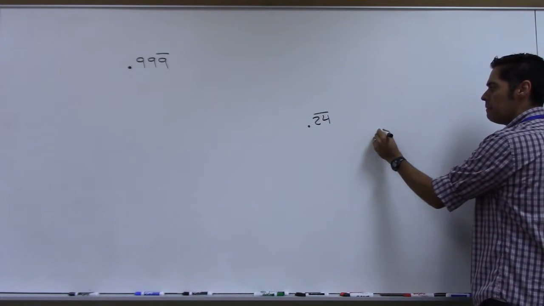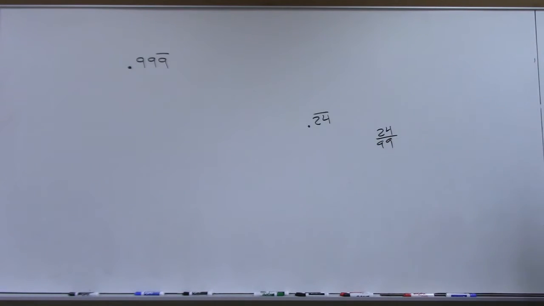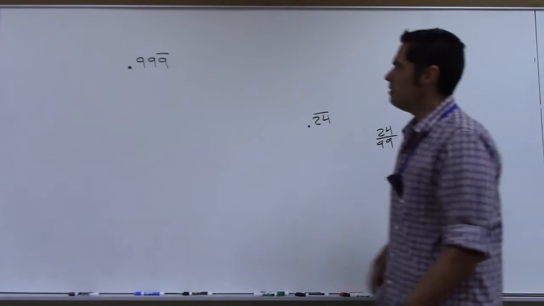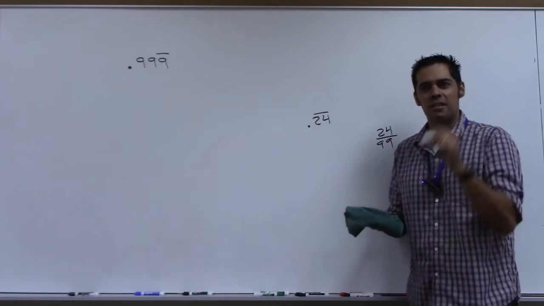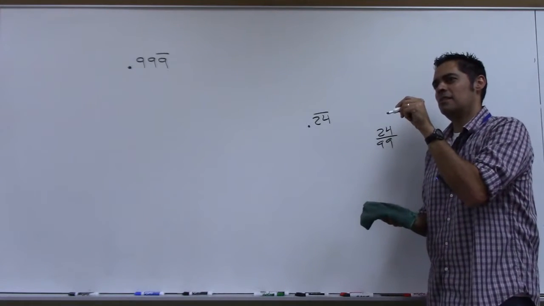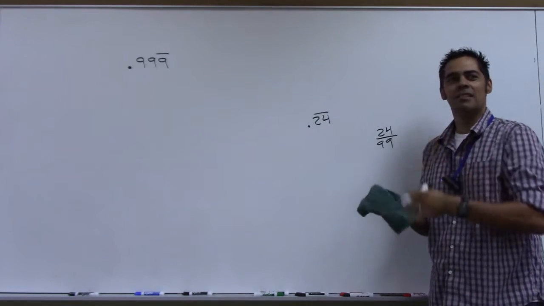Rewrite it as 24 over 99? It would just be 1, wouldn't it? Do you think that 0.99 repeating forever is 1? Is it the number right next to 1? Like uncomfortably close to 1.